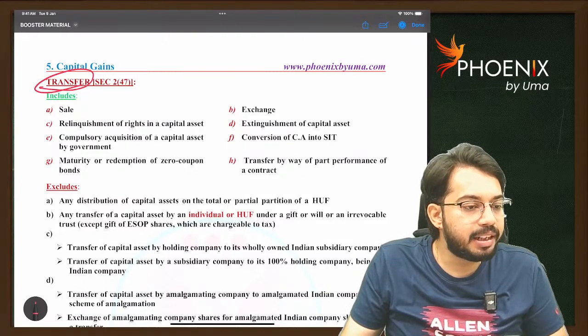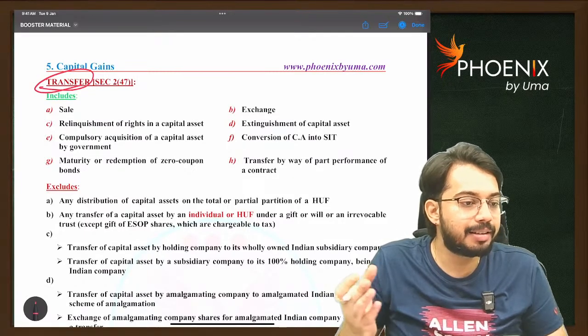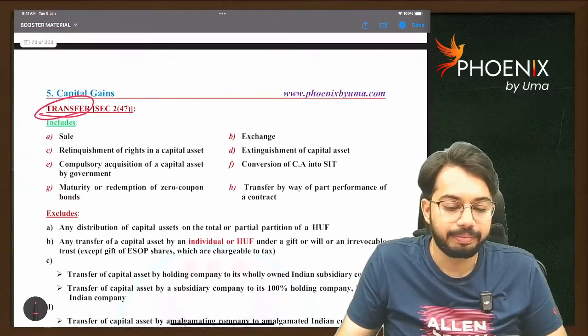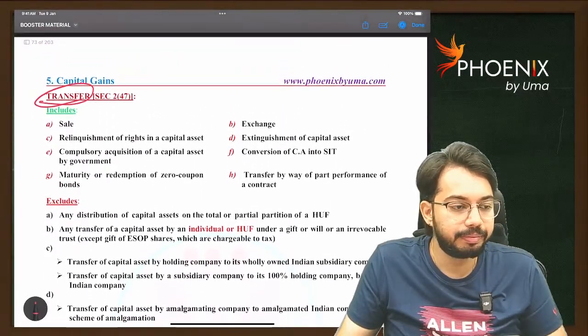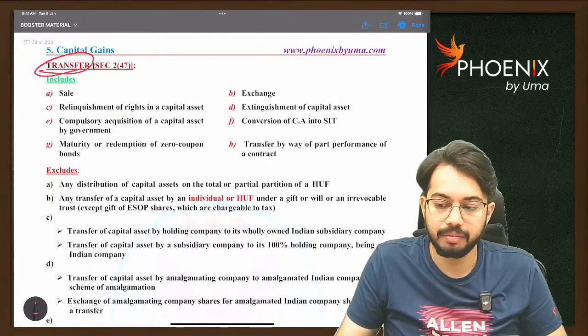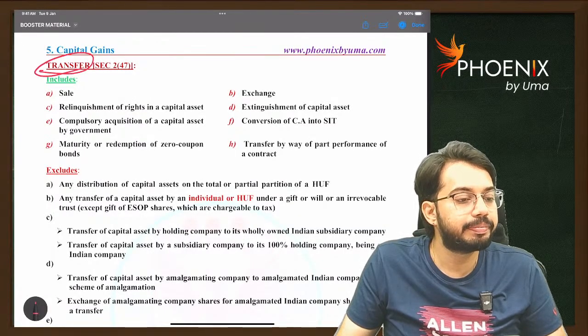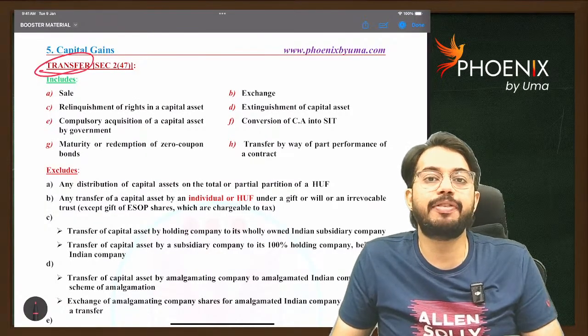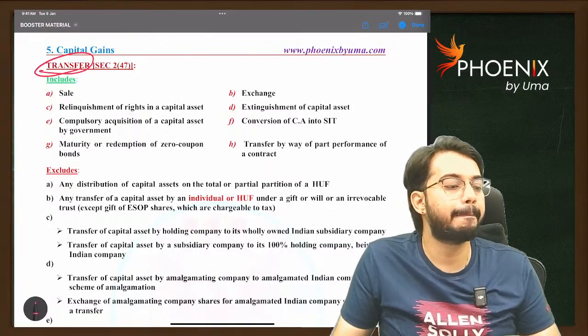Sir, in the capital asset definition, please ask. So, shall I proceed further with the definition of transfer? Everybody.